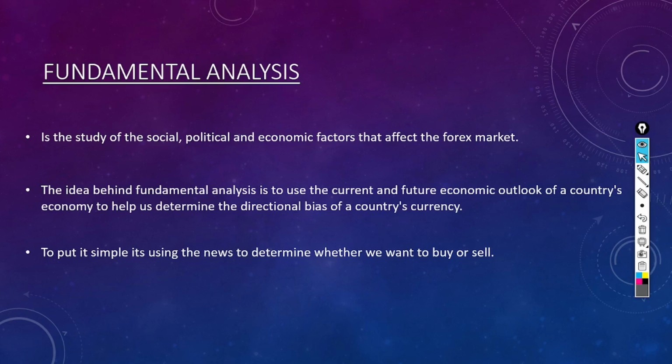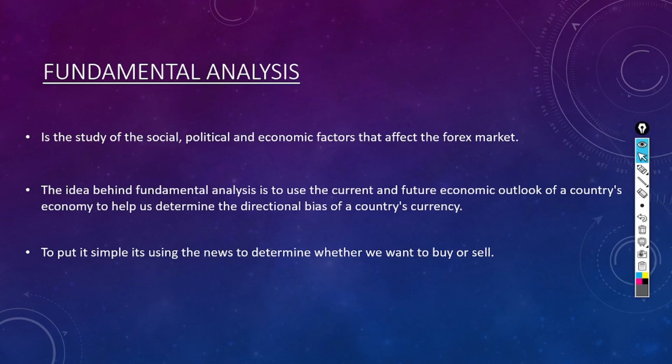Here we have fundamental analysis. So the basic explanation for fundamental analysis is analyzing the social and political economic factors that affect the forex market. Understanding the reason why and how certain events such as unemployment rate affect the market is key to fundamental analysis. In a nutshell, the idea behind fundamental analysis is to use the current and future economic outlook of a country's economy to help us determine the directional bias of a country's currency.